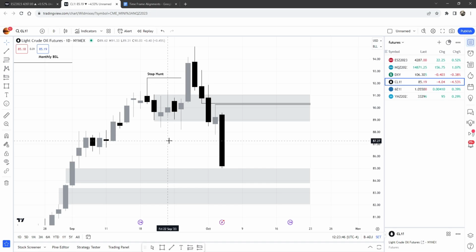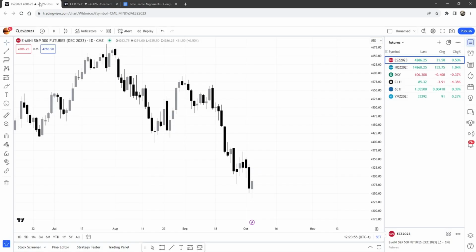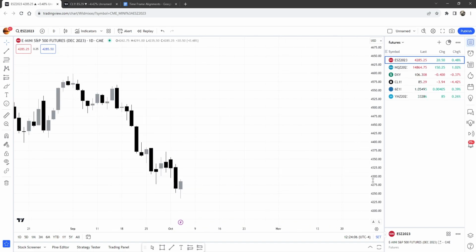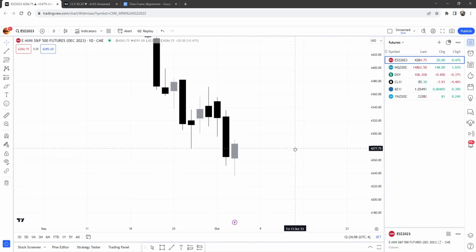Now let's go to our second example, and we will again use time frame alignment. Go over here to ES, and we are going to use the daily chart. What's the first thing that you could say about this daily chart?